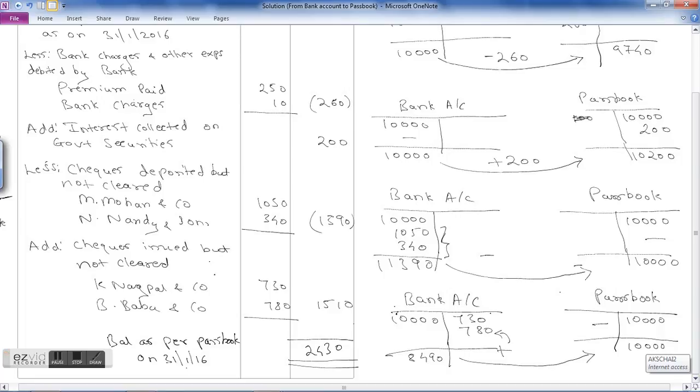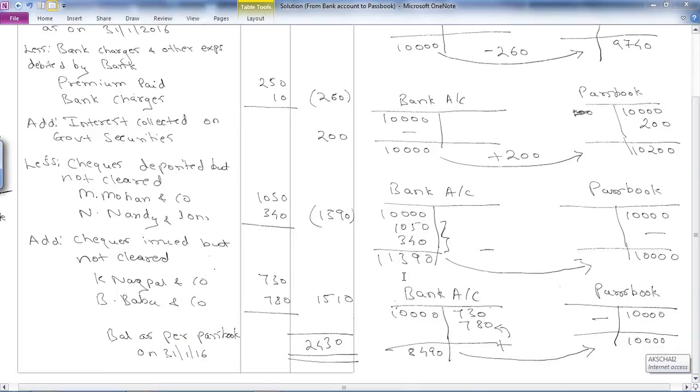So now we have seen how to prepare a bank reconciliation statement from passbook to books of account and from books of account to passbook. Okay, so that's it about bank reconciliation statement. Thank you.